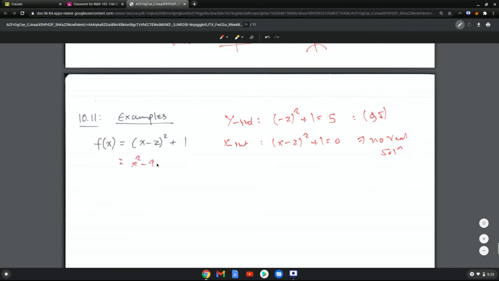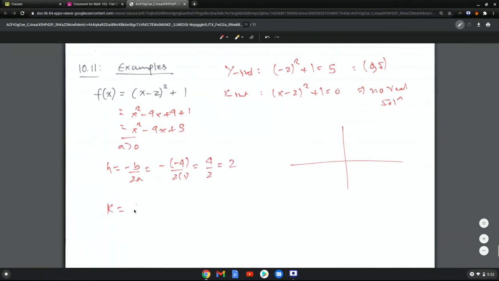Let's expand this: x squared minus 4x plus 4 plus 1, x squared minus 4x plus 5. So a is positive, so it's upward facing for sure. All that remains to be done is find the vertex. Negative b over 2a is 4 over 2, which is 2.